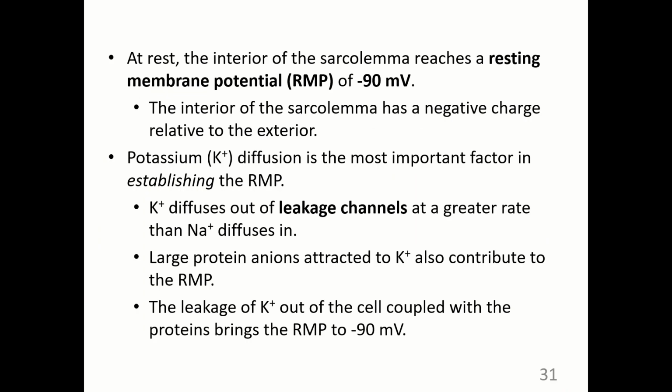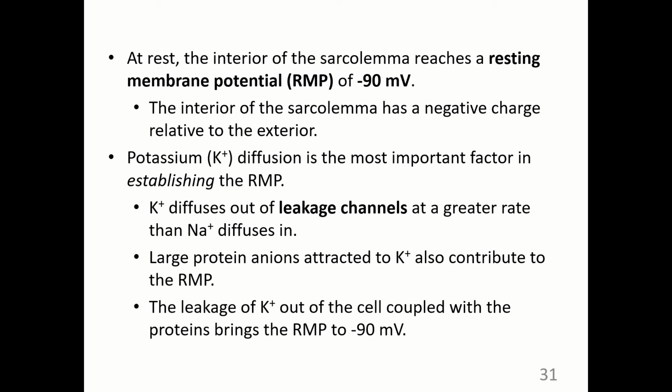At rest, the interior of the sarcolemma reaches a resting membrane potential of negative 90 millivolts. The interior of the sarcolemma has a negative charge relative to the exterior. Potassium ion diffusion is the most important factor in establishing the resting membrane potential.